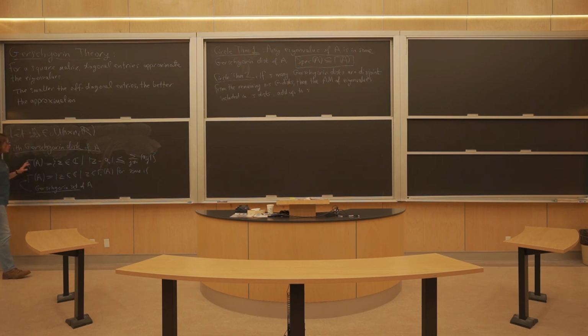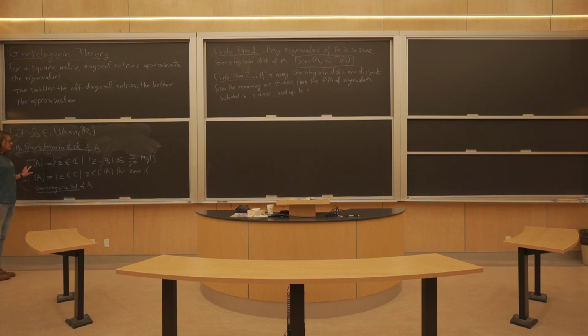So gamma sub i of A is the set of all those complex numbers that are not more than this number away from the diagonal entry at the ith row. This a_ii is the diagonal entry in the ith row, and the sum over here is the sum of the absolute values of the remaining entries. Right, so j not equal to i, I'm adding up all the a_ij's in absolute value.